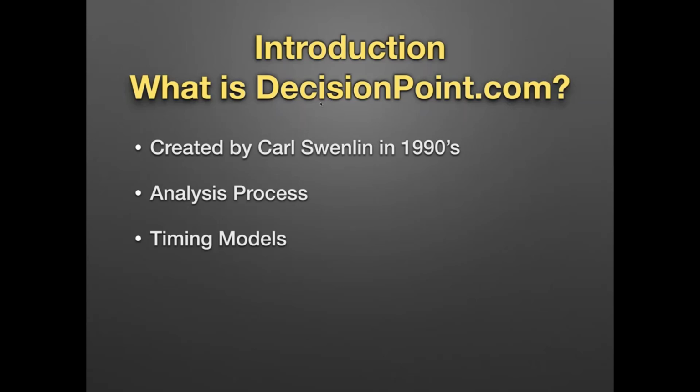We have timing models. The PMO is one of them, so it does help you with timing the market. And then we have plenty of market indicators that we came up with. The Swenlin trading oscillators are one of the famous ones, if you will. And then we have just recently come up with the Golden Cross Index and the Silver Cross Index.